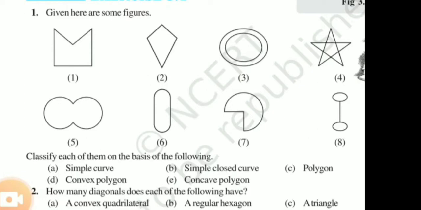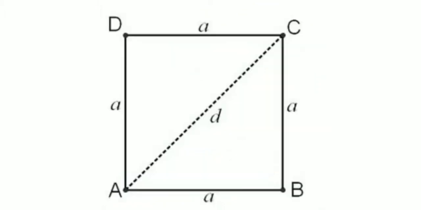So the question number 2 is, how many diagonals does each of the following have? Number 1, a convex quadrilateral. So convex quadrilateral means you can draw any quadrilateral, like you can draw here rectangle, square, okay, trapezium. And when you draw the diagonals, here you can draw only 2 diagonals.